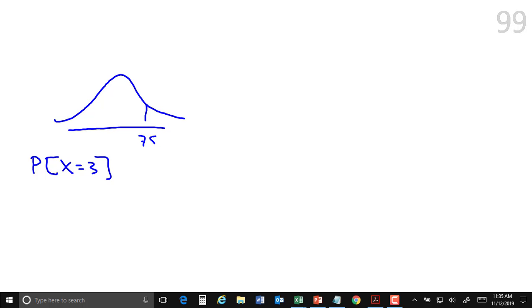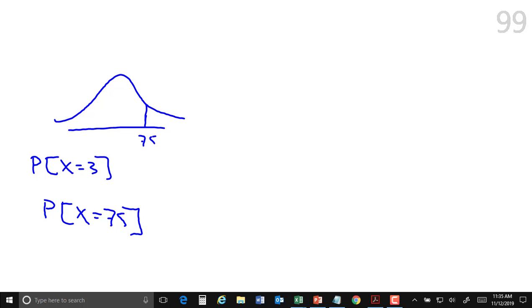Well, that's a problem for continuous, because if I ask you what is the probability that the random variable x takes on 75 only, how much area is under the curve under only 75? I'm asking exactly 75. I didn't say less than 75 or equals.